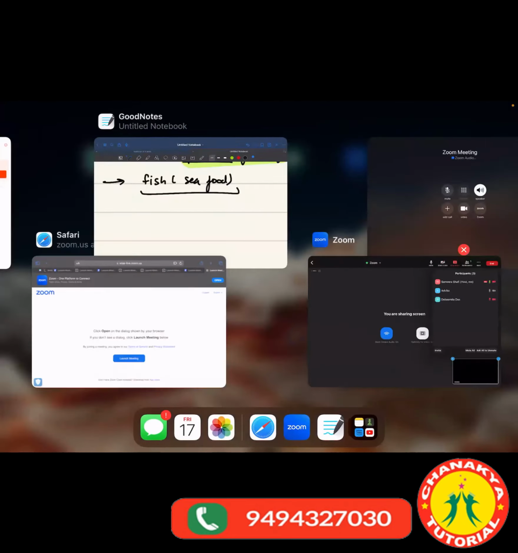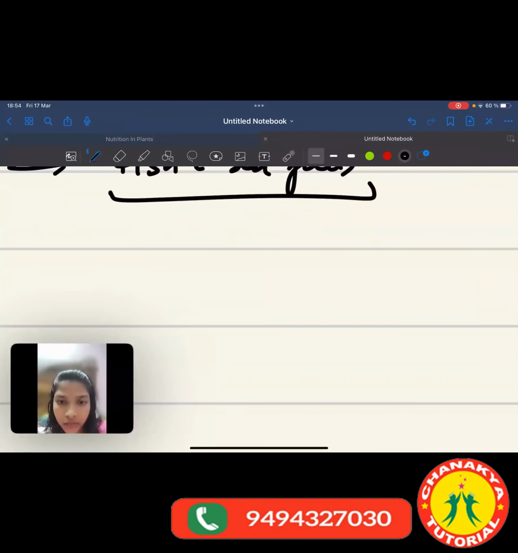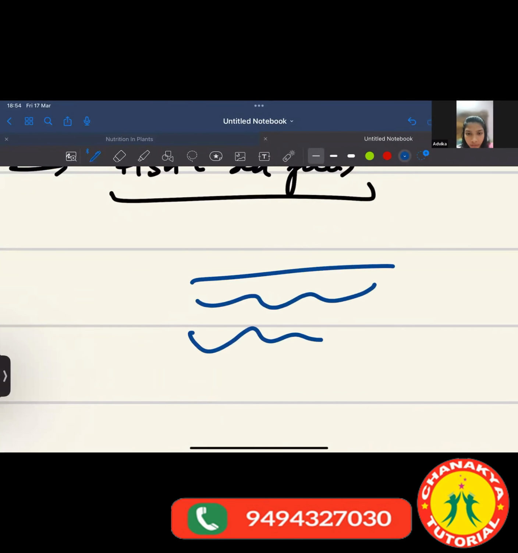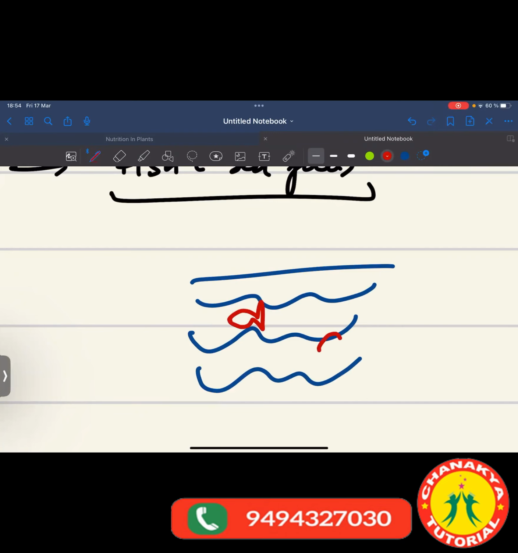Okay, so in certain areas they have a whole pool, basically a pond, and inside the pond different kinds of fishes are grown.